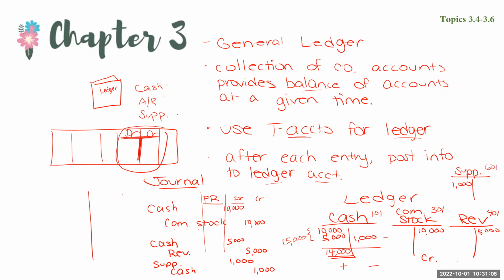In chapter 3, you can read about the chart of accounts numbering system. I know it has a table in there somewhere.